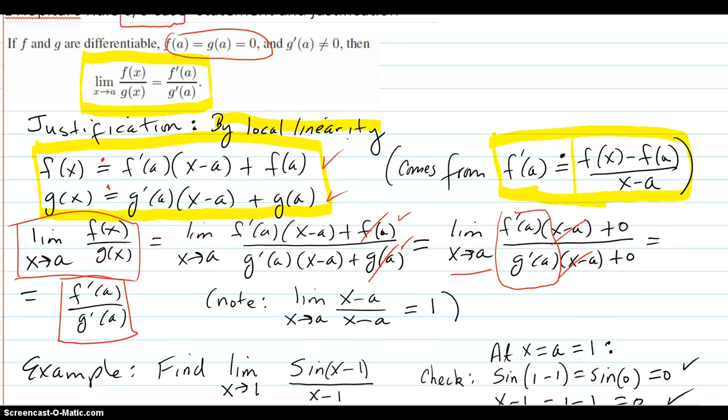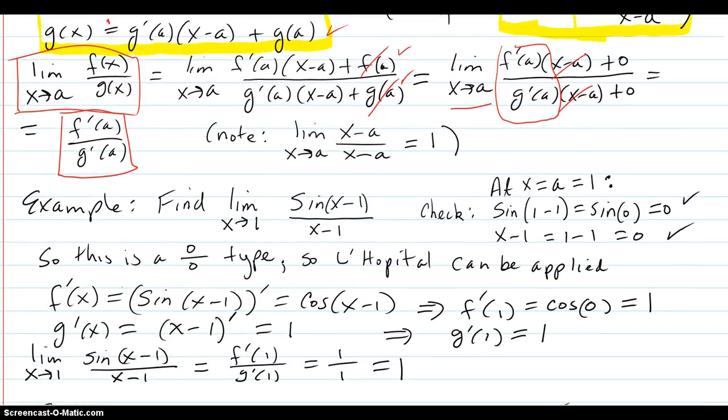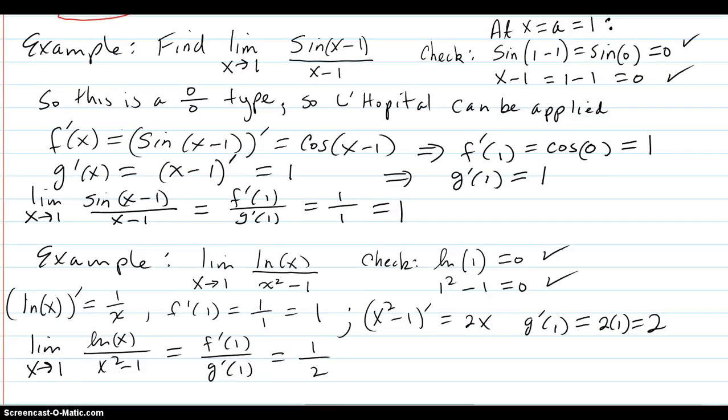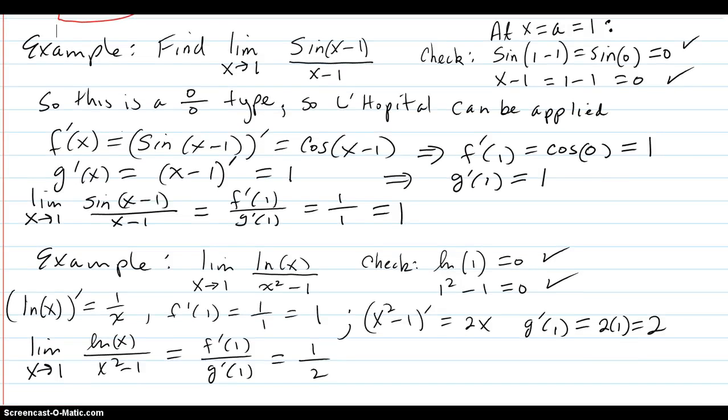So here's an example. Find this limit here, and we can see that there's trouble, because if x is equal to 1 and we try to plug it in, that'd be sine of 0 is 0 and 1 minus 1 is 0, so we'd have a 0 over 0 case. And we are checking that, so if you plug in 1, you do get 0 for the numerator and 0 for the denominator, and therefore L'Hopital's rule applies.